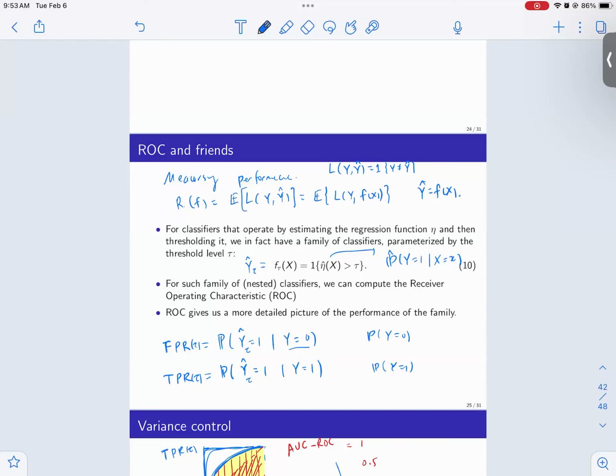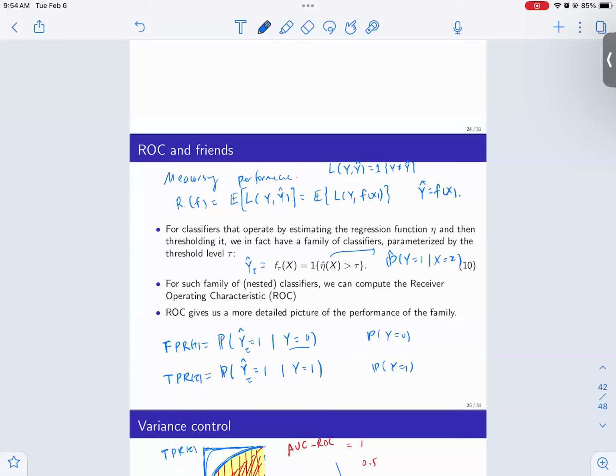If your classifier, let's say eta hat, is between 0 and 1, right? So we vary the threshold from negative infinity to infinity. In general, it may not be exactly a probability. It might be something related to probability, like the logit. But let's say this is a probability from 0 to 1.